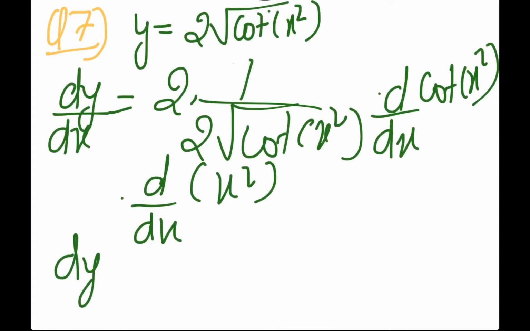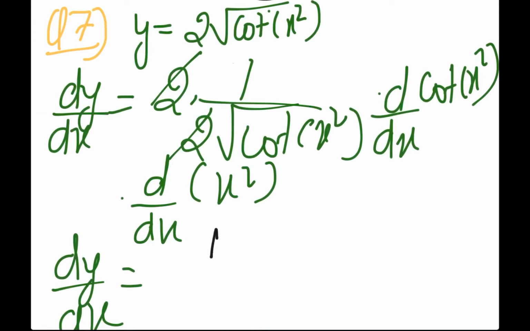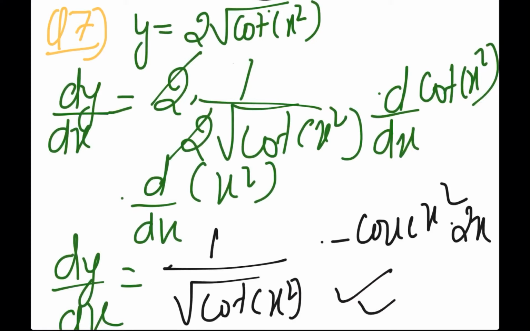So your final dy by dx comes out to be, this 2 and 2 get cancelled, so I get the final dy by dx as 1 upon under root cot x square into derivative of cot x, which is minus cosec x, so cot x square becomes minus cosec x square, again a formula of class 11, please do learn these formulas, into derivative of x square, which from the power formula becomes 2x, into 2x. And this is my final answer.